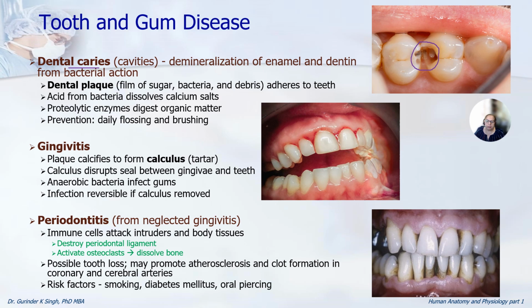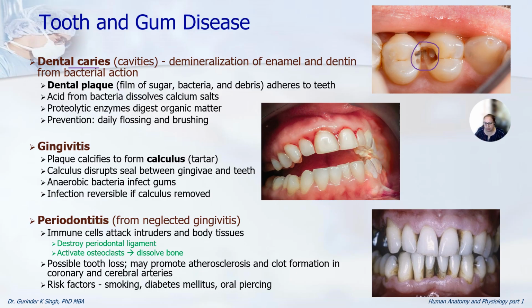You may also see a lot of dental plaque, which is a hard part formed from carbohydrates, sugars, bacteria and debris which adhere to your teeth. The more bacteria you have, the more acid they will produce, and that will dissolve the calcium salts.